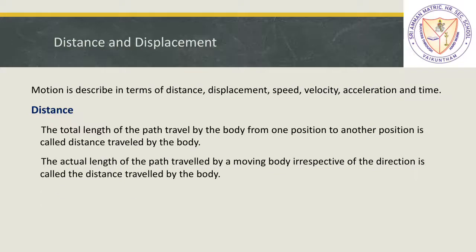The actual length of the path traveled by a moving body, irrespective of the direction, whichever direction you move, we are considering all the path length, the length of the path you have moved when you reach from one point to another point, is called the distance.